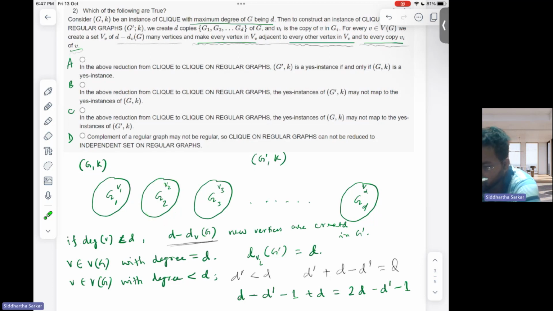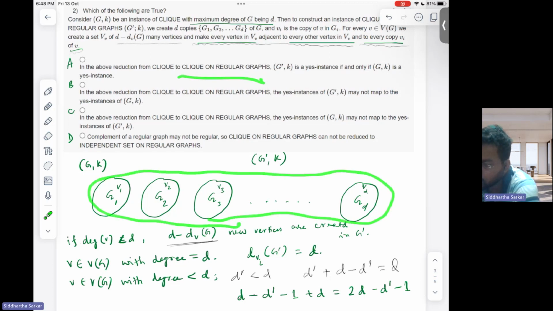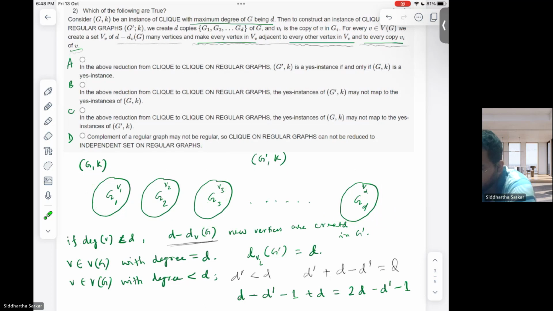The original graph itself has to be regular, but if the original graph is regular, then the reduced graph will also be regular. And existence of a k-clique in the original graph definitely implies a k-clique in the reduced graph, because in the reduced graph we have copies of the original graph only.